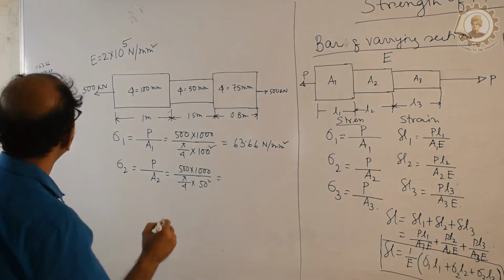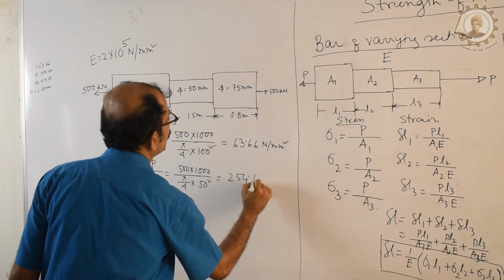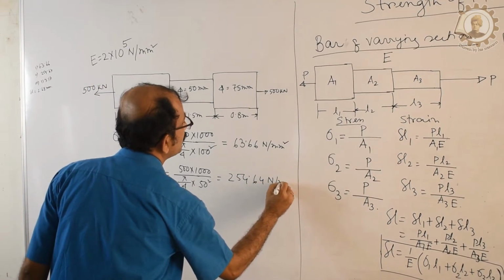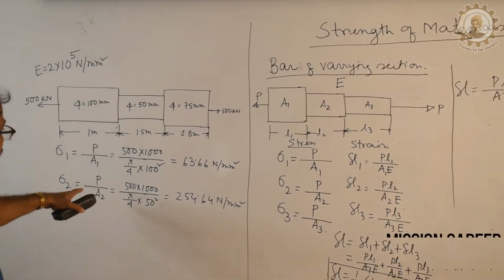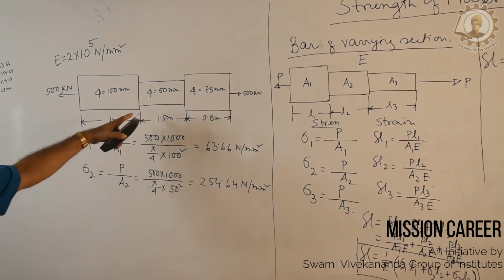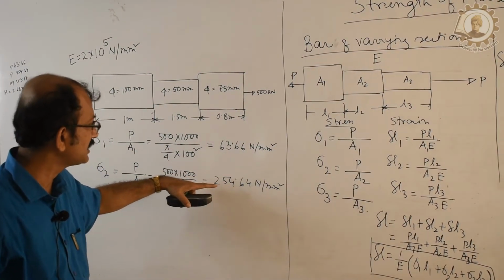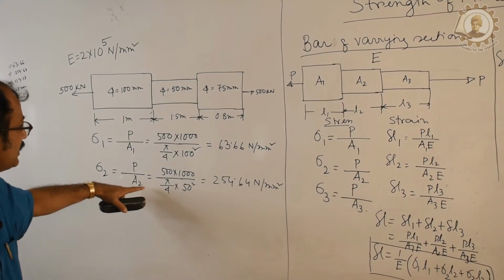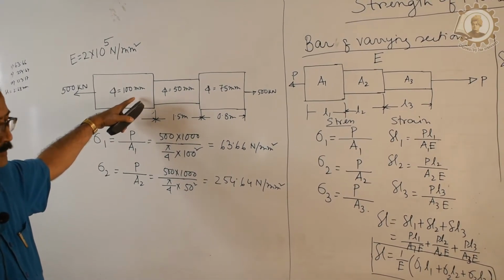So this is 254.64 Newton per millimeter square. So this is the value of stress developed in the case of the second part. If you see, the value of stress is higher because the cross sectional area in the second part is less compared to the first one.